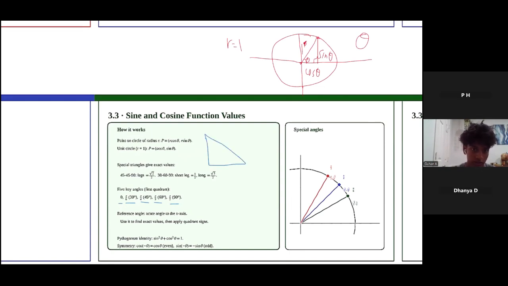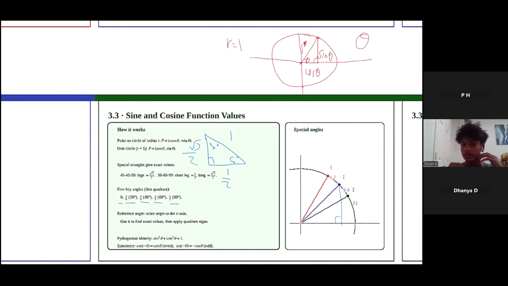So if we have 30 degrees, 60 degrees, and on the unit circle, it goes something like this, right? Then we know the hypotenuse is 1, right? And the 30-degree side has to be 1/2 of the hypotenuse. And then the 60-degree side has to be root 3 times whatever is the 30-degree side, which is going to be root 3 over 2.